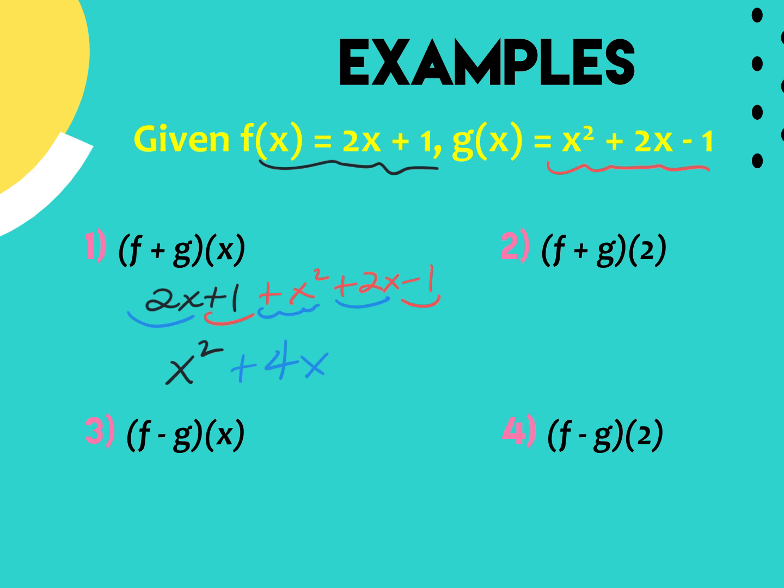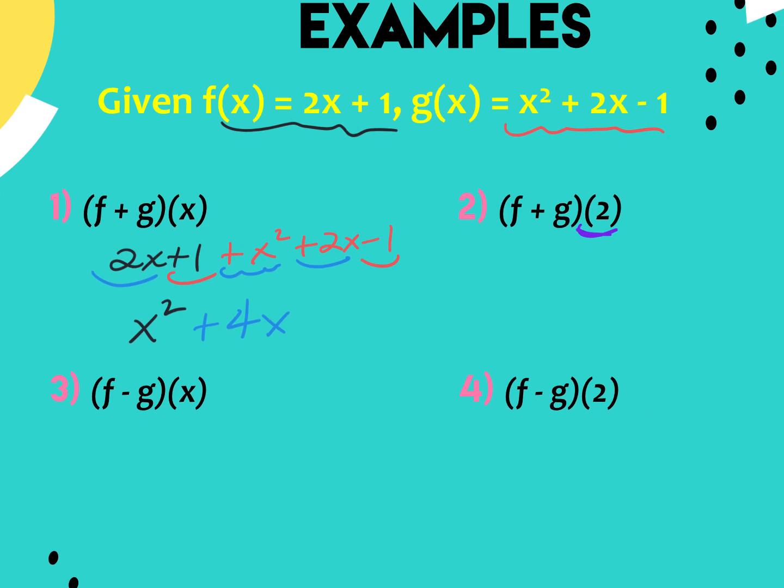Now, for the example right next to it, since I've already combined the f and the g function, I'm going to take my combined answer, and what they want me to do is take this value of 2 and plug it in for x. So I'm going to take my combined function, the x squared plus 4x that I just solved in number 1, and replace all the x's with the number 2.